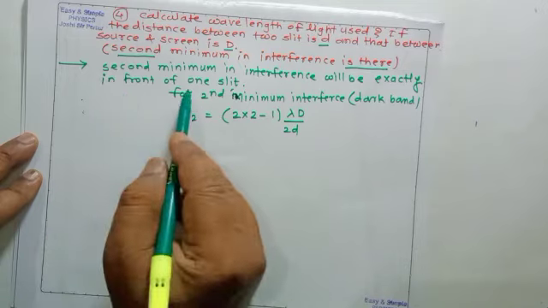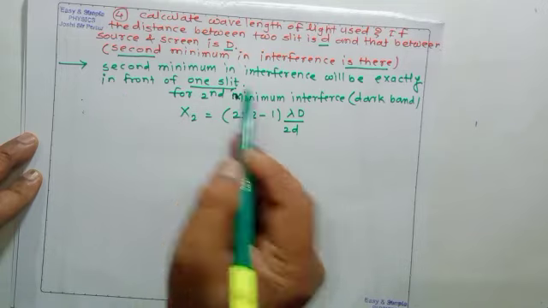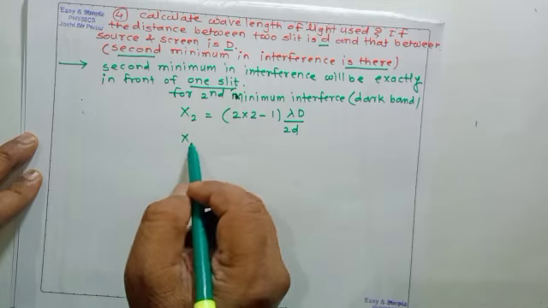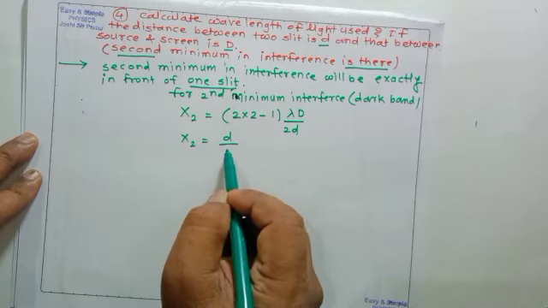In front of one slit, for this we can say x2 is equal to small d upon 2.